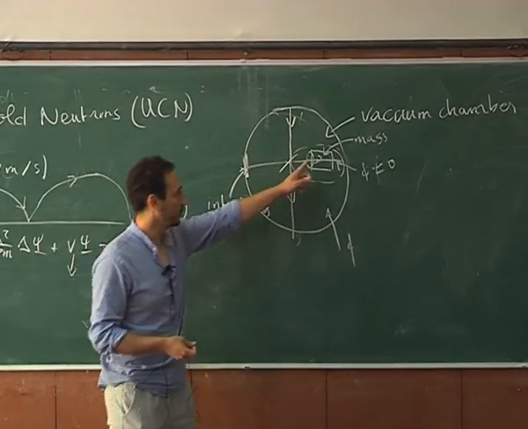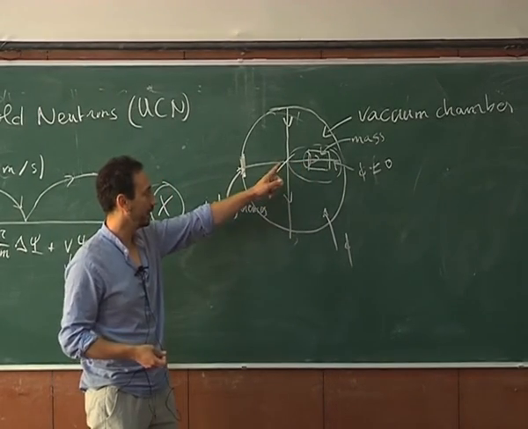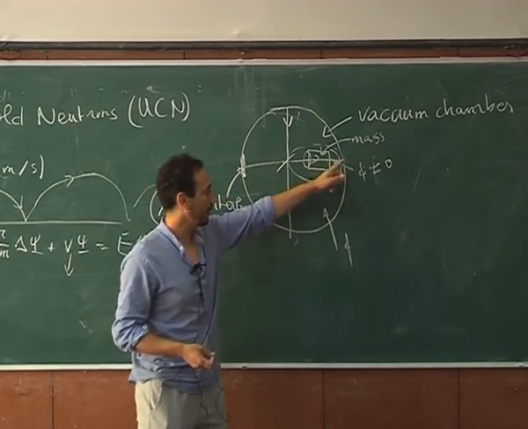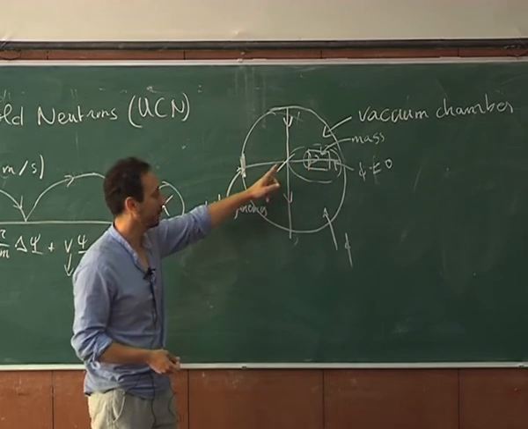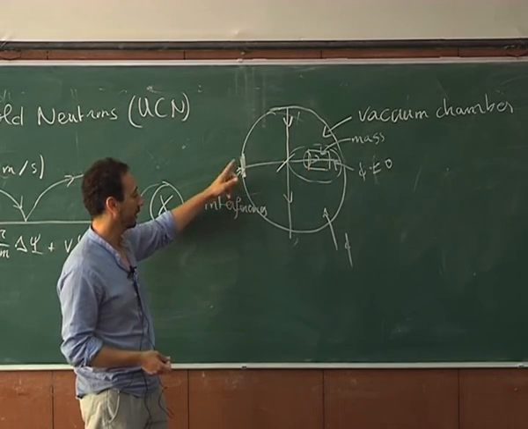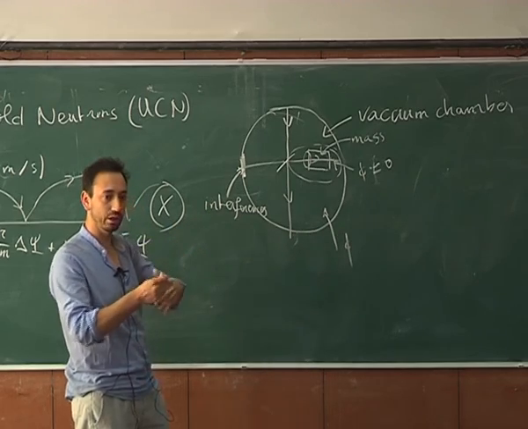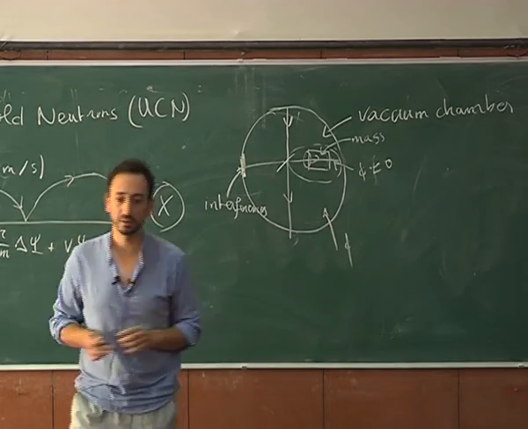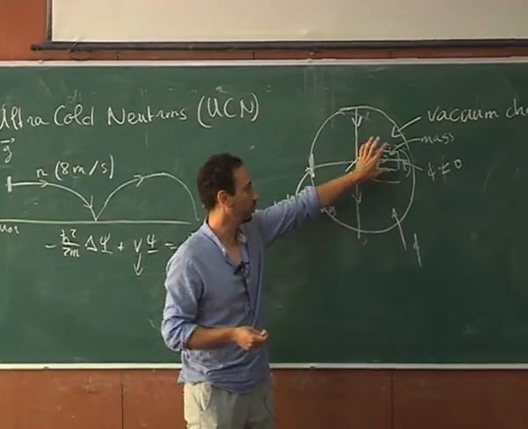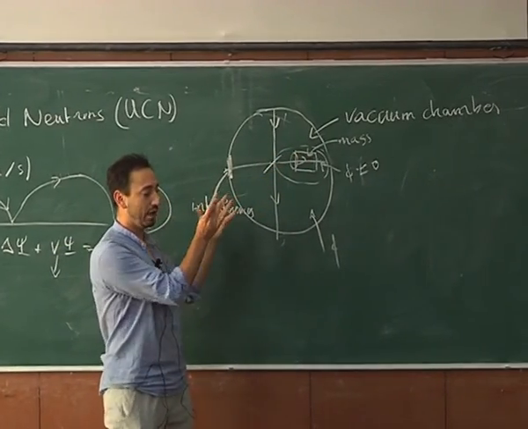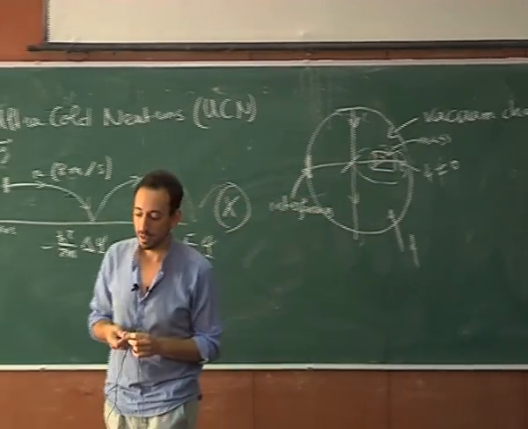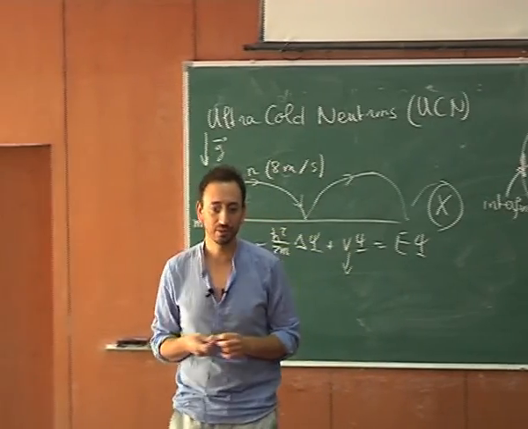So here there will be no scalar field, here there will be scalar field. So one beam will be affected by the scalar field, the other one will not be affected. Because of that, the interferences should actually be shifted a bit, just because of the presence of that. So you remove that, you have some interferences, you put that, you should have interferences which will be shifted. And they have observed nothing.